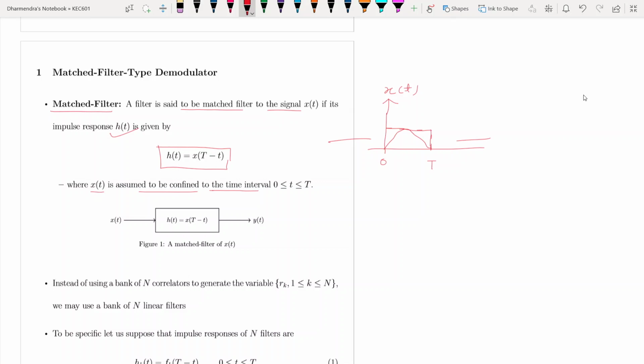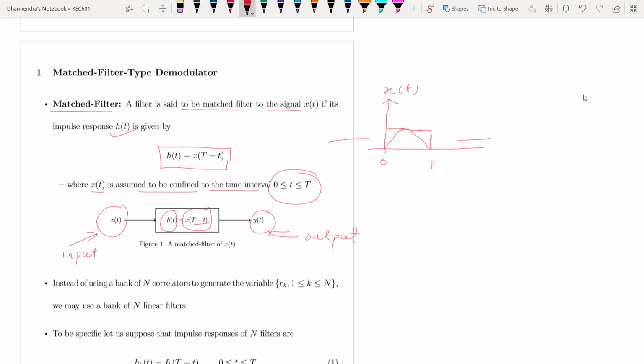Okay, so this x of t is input to a filter, and this is the output of the filter. A filter is said to be the matched filter for this input signal x of t that is confined in this interval if h of t is equal to x of capital T minus small t.